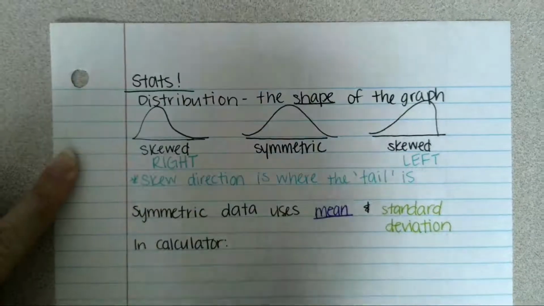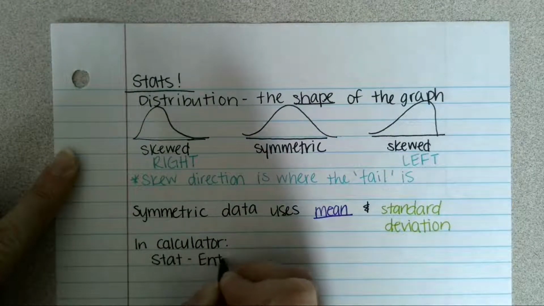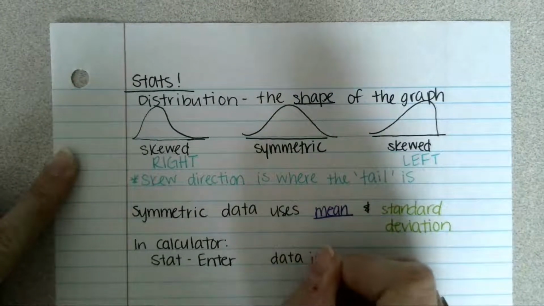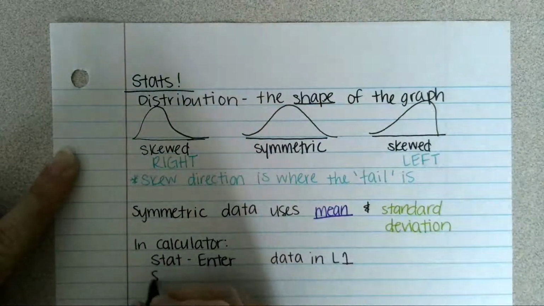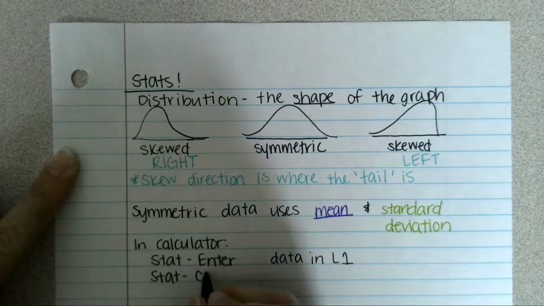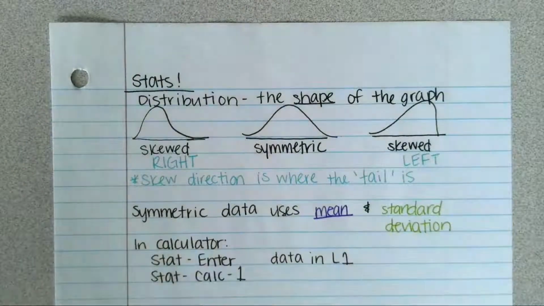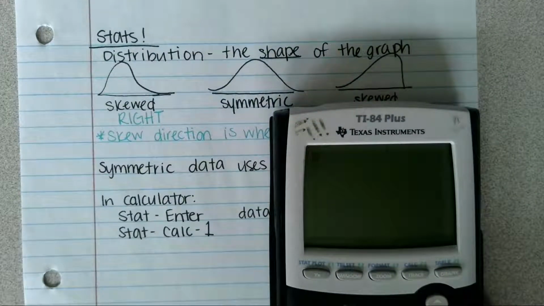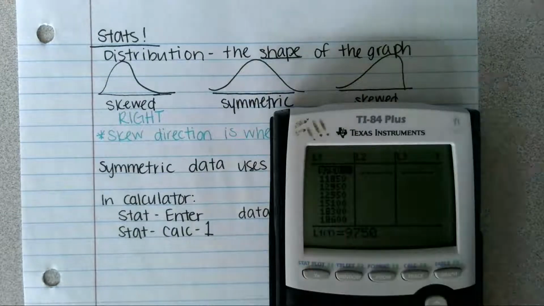So in the calculator, you're going to want to press stat enter so that we can access our table, and we're going to put our data in L1 just like we have done in the past, and then we want to press stat calc 1. Let me grab my calculator so I can show you what that looks like. Okay, so in my calculator, I'm going to press stat enter, and you can see that I already have a set of values here in L1.